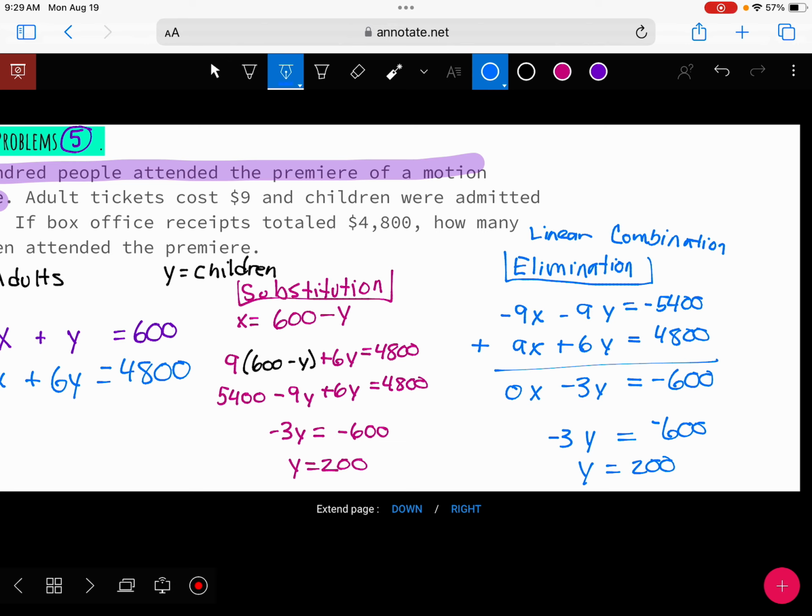I took my top one and multiplied it by -9 to get my x's to cancel out. And then I add things in columns. So in Algebra 2, you spent like a whole chapter working on these kinds of pieces. Our substitution, where we take an x equals or a y equals and we substitute it in. Or our elimination, where I multiply one or both of my equations to get one of my variables to cancel out.